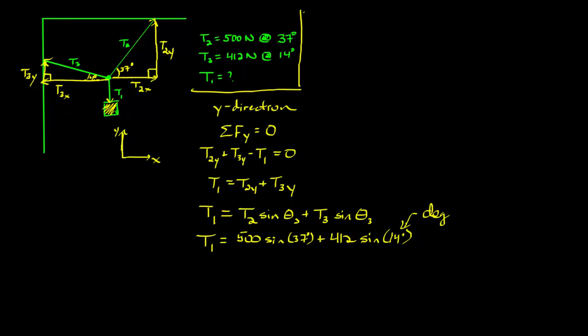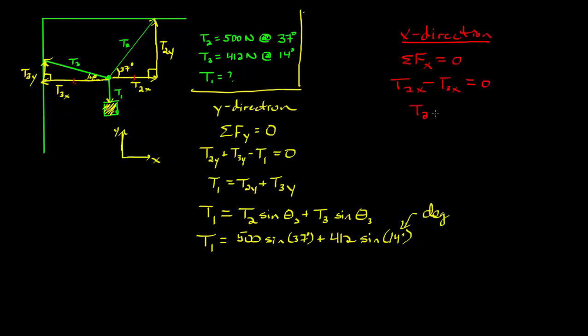So if we wanted to do everything in the x direction, I'll do it up here, x direction. Then we also know it's not moving in the x, so the net force in the x direction is also equal to 0. So looking at just these two right here, this one and this one. I get T2 in the x direction, that's positive because it's right, minus T3 in the x direction is equal to 0. And then I can move it over.